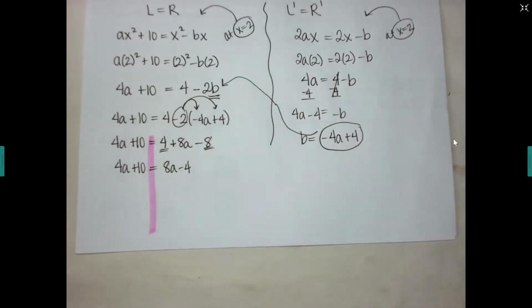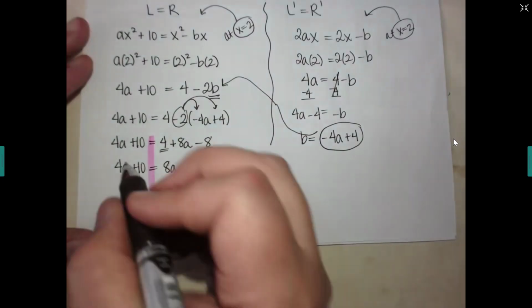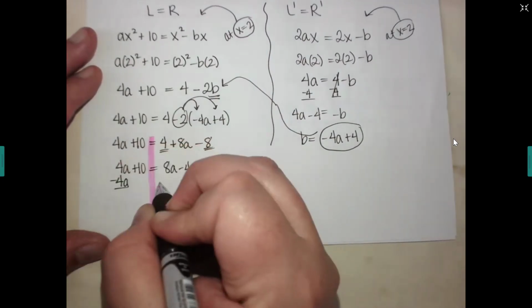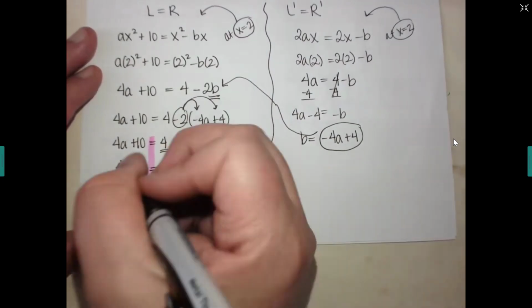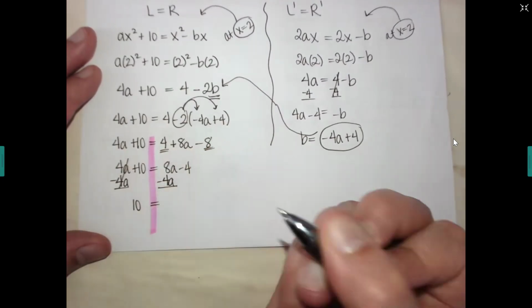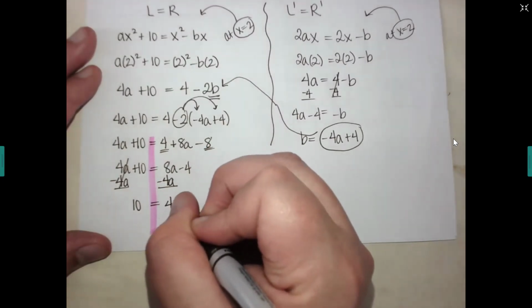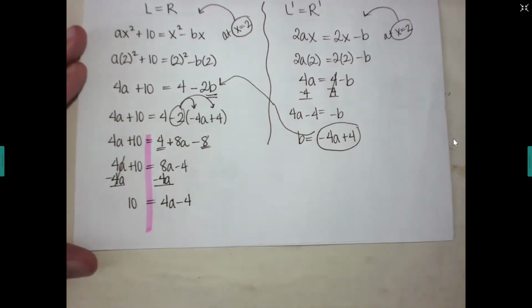Okay, then from there, you want to bring one of the a's across. I usually will move the smaller one, but really it doesn't matter. So I'm going to minus the 4a's over. What is 8a take away 4a? 4a minus 4. What's my next step?